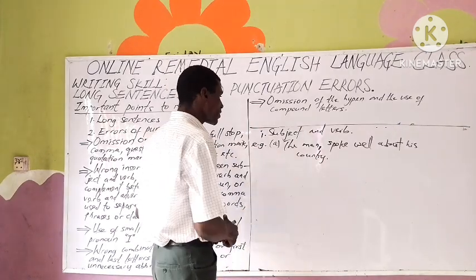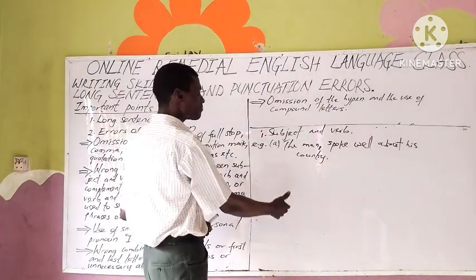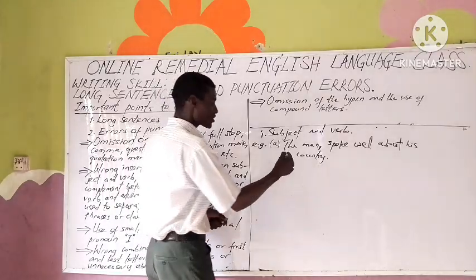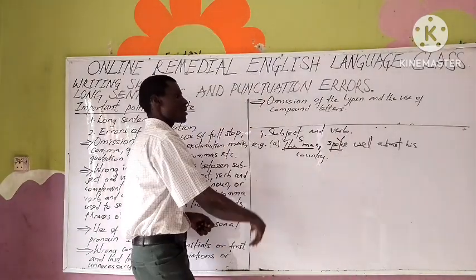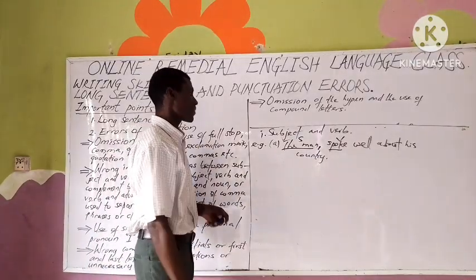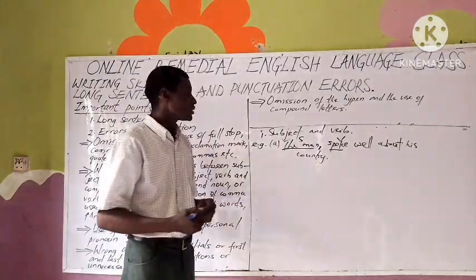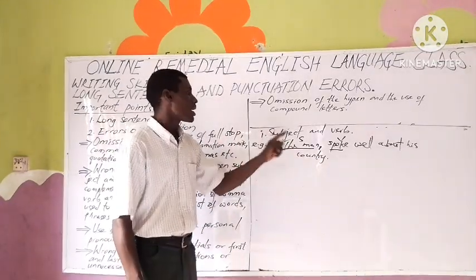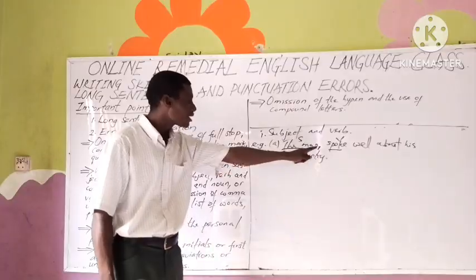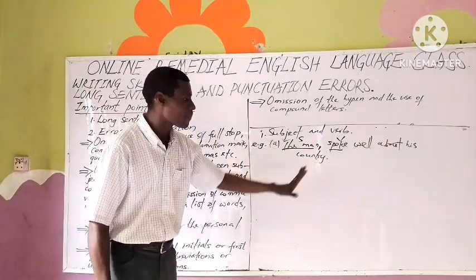So when you insert a comma between a subject and a verb, and the country, the object, you are having a wrong use of the punctuation comma.